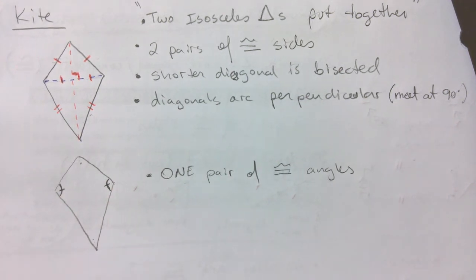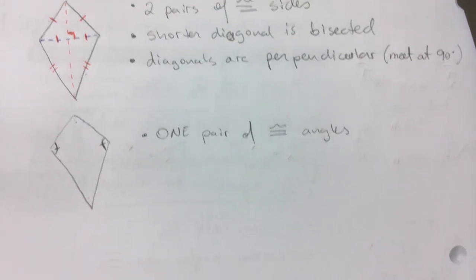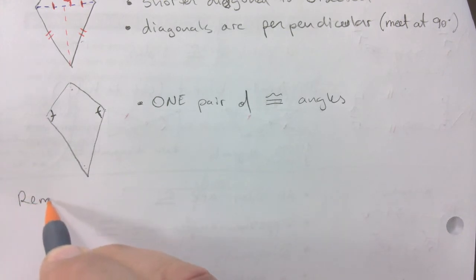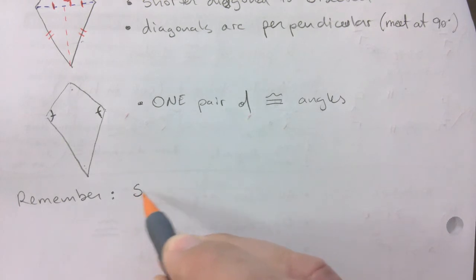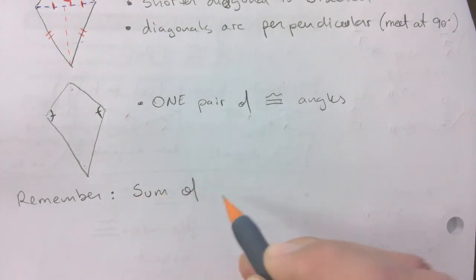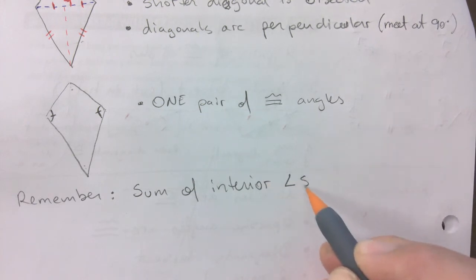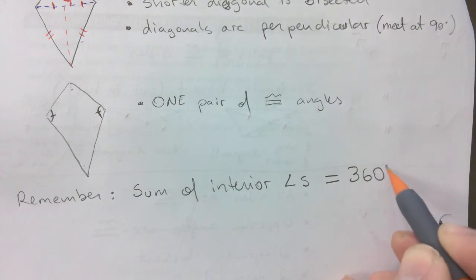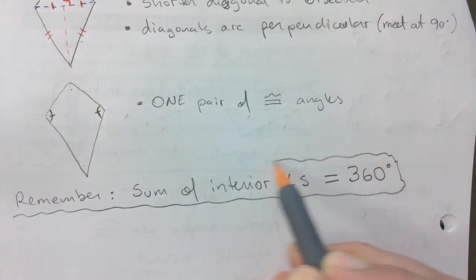One more thing here. Just to remind you, remember, sum of interior angles is always 360 degrees. So if you add up all four angles, because guess what?